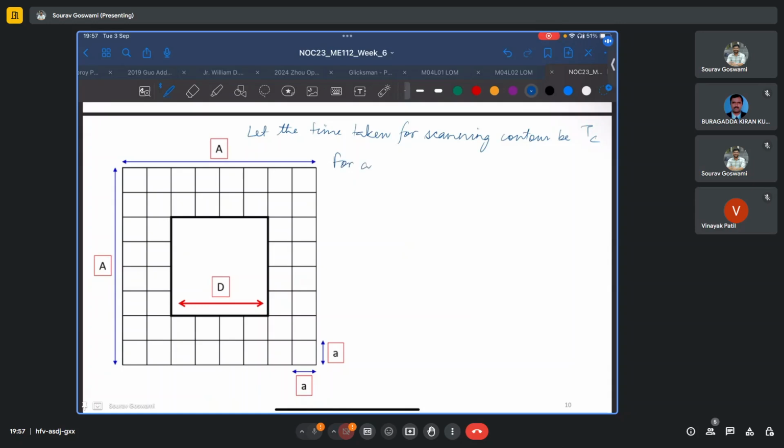Then for a constant scanning speed, which will typically be the case, TC will be proportional to the length of this contour, which is 4 into D. And if we assume the same proportionality constant, this will be simply k times 4D. Now D in itself is equal to 4A, as we have, so 16 times Ak.